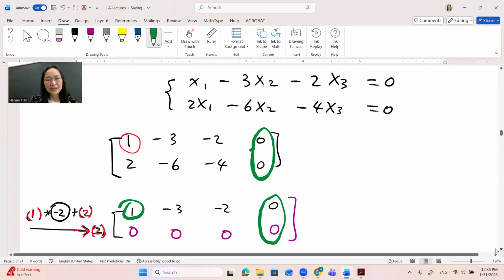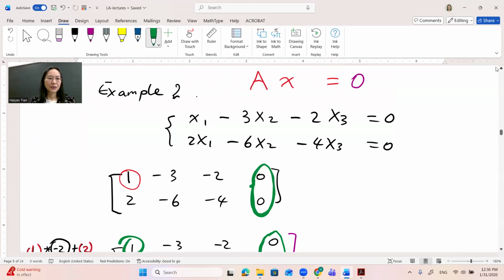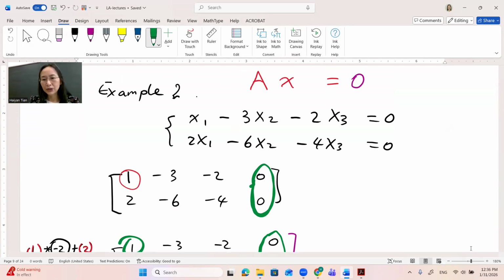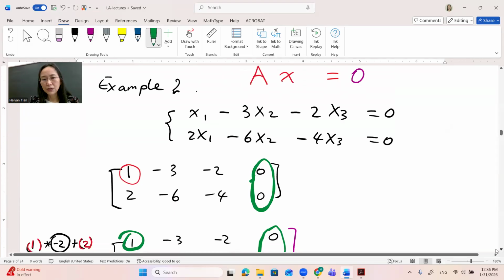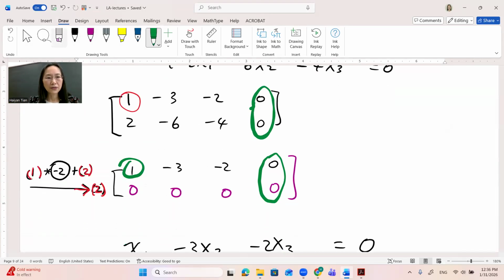Next is an example. We solved this earlier in the previous lecture when I talked about homogeneous equations. So we know this system is homogeneous with two free variables because after we reduce the augmented matrix to the reduced echelon form, we notice that we have two free variables.